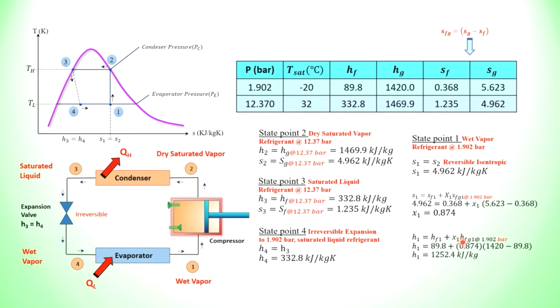So this is the dryness fraction of the vapor at this pressure, because you are referring to point 1. At point 1, 1.902 bar, the HF is 89.8. The HFG will be your HG minus HF. So you take 1420 minus 89.8. So you got 1252.4. That is your H1.